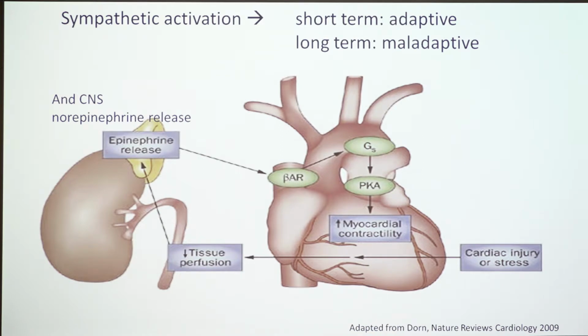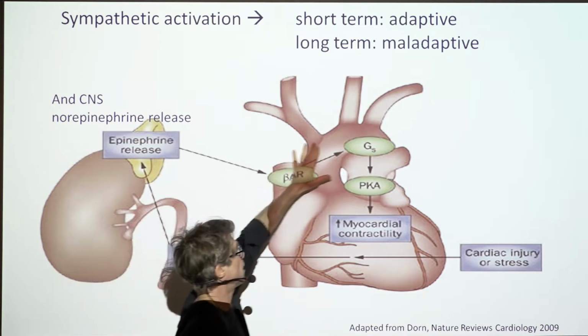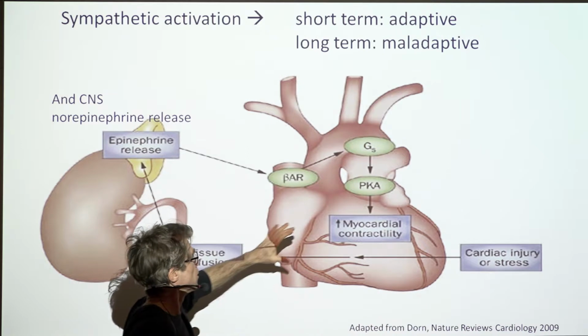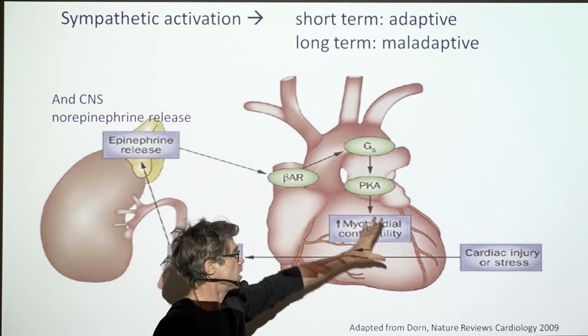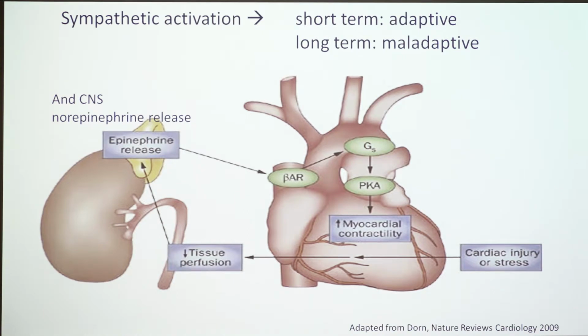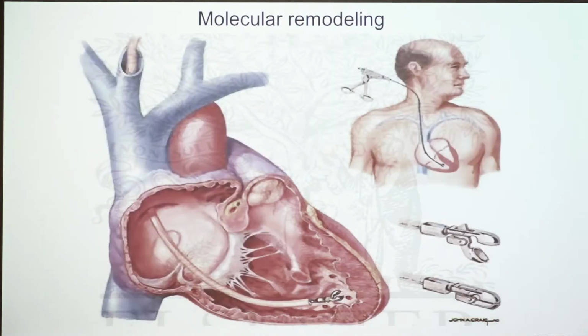So this is a very conserved type of receptor, and a very conserved signal sequencing system, and the adrenaline causes an increase in contractility. So the heart is sick, but the compensation restores the activity of the heart.